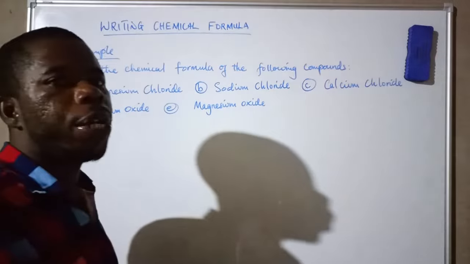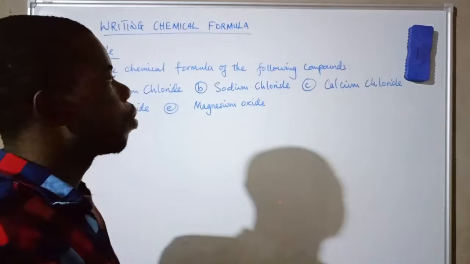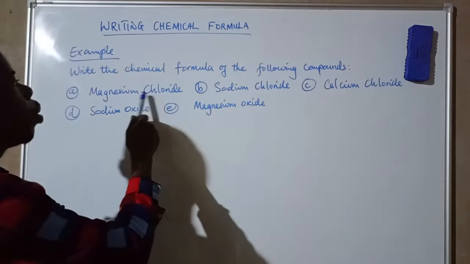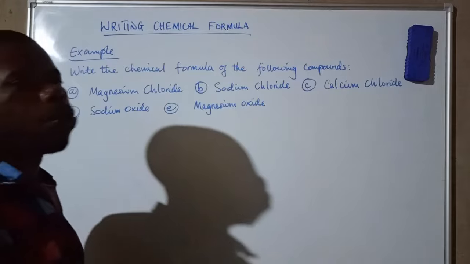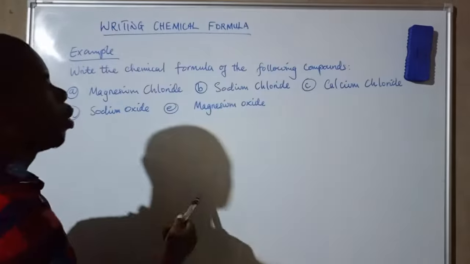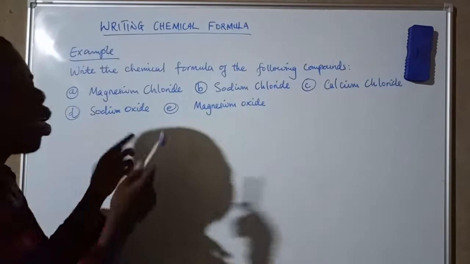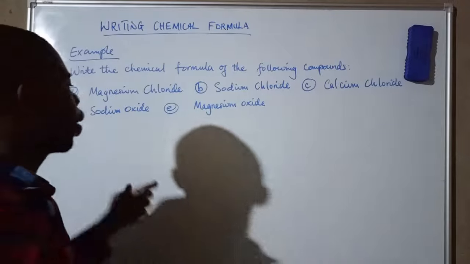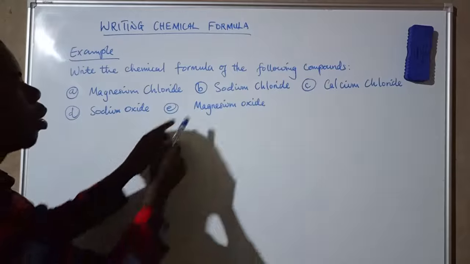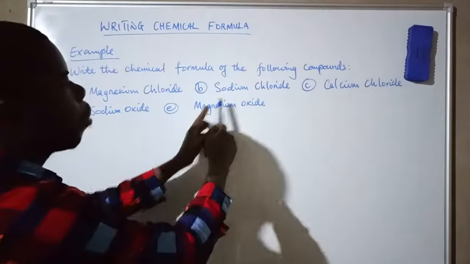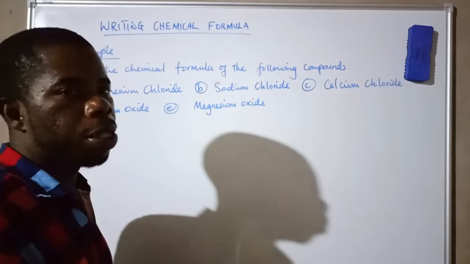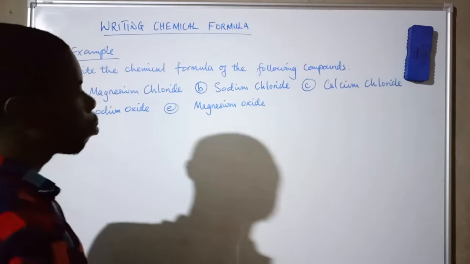So whenever non-metals combine with the metals, their name changes. Like when magnesium reacts with chlorine, chlorine becomes chloride. Also here, sodium reacts with oxygen, oxygen changes to oxide. So this is sodium oxide. Magnesium oxide, meaning magnesium reacted with the oxygen. These are some of the concepts that you need also to understand.